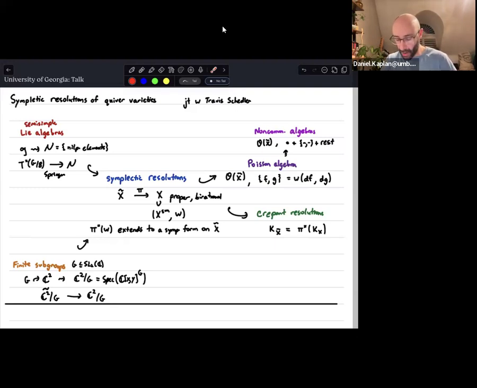And one useful thing you can do with a Poisson bracket, if you have one, is you can form what the physicists would call a quantization, where you start with your commutative algebra and you deform it or perturb it in the direction of the Poisson structure. You get a new algebra that's now not commutative.